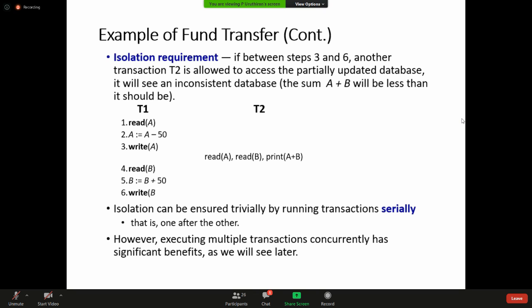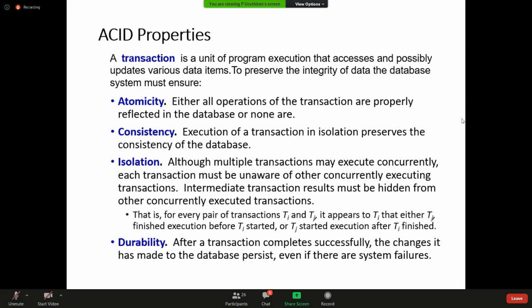Okay, now here you can see the ACID properties. A transaction is a unit of program execution that accesses and possibly updates various data items. To preserve the integrity of the data, the database system must ensure it.